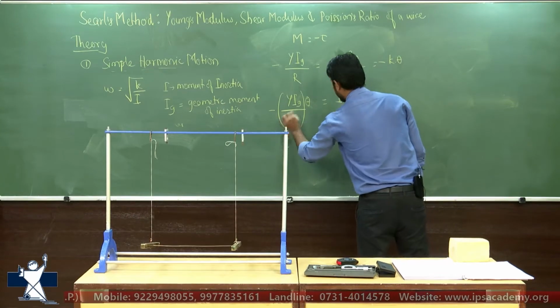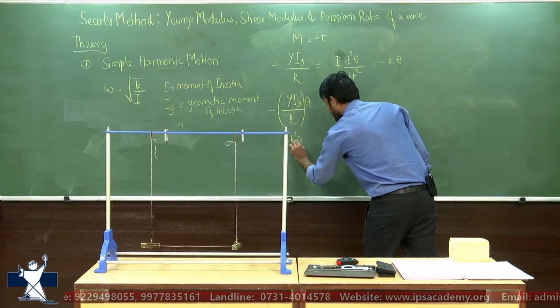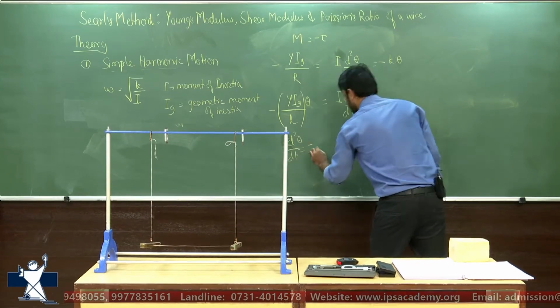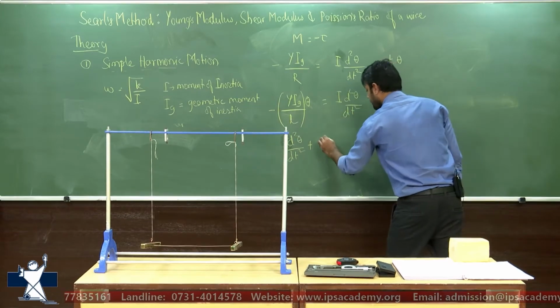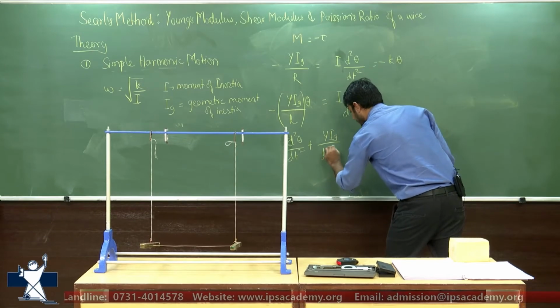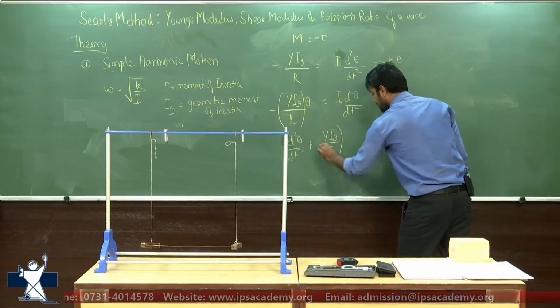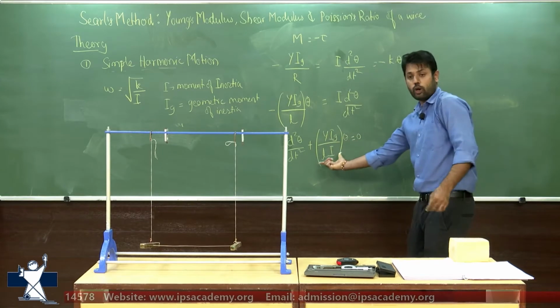I can be transferred here, this capital I can also be transferred here, and this equation will become d2 theta by dt2 plus, transferring, this minus will become plus Y Ig divided by L I, into theta equal to 0, and this is exactly your omega square.